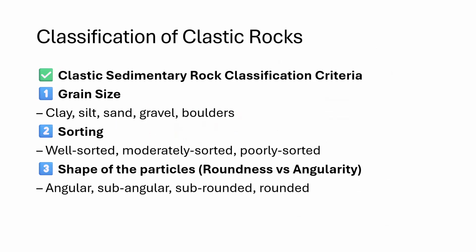So we'll be talking about clay, silt, sand, gravels, that is gravels and boulders. Boulders are those big chunks of rocks, all right, or clasts. And then we're talking about sorting, which we dealt with, and then shape of the particles: roundness, angularity, and sphericity. We talked about that. So that's basically how today we're gonna classify our clastic sedimentary rocks.